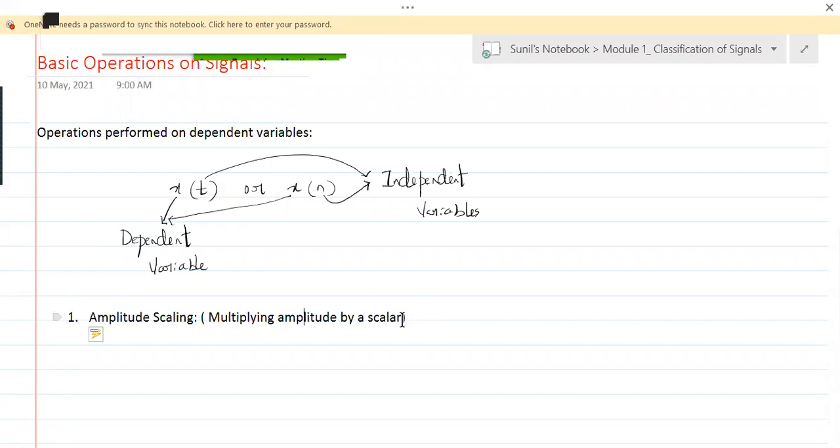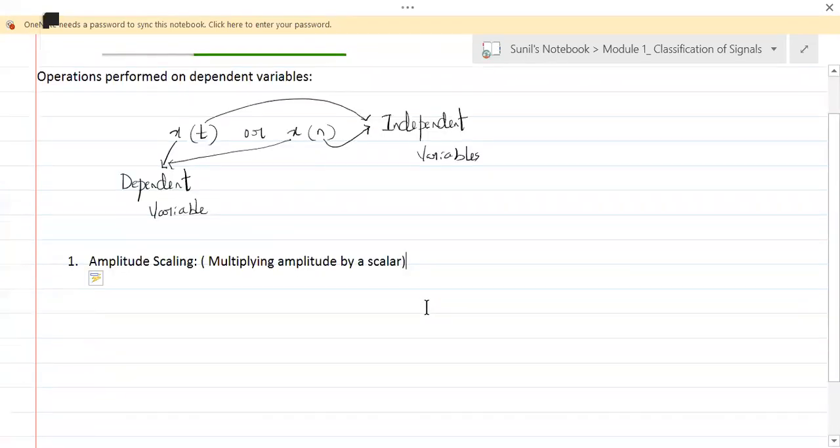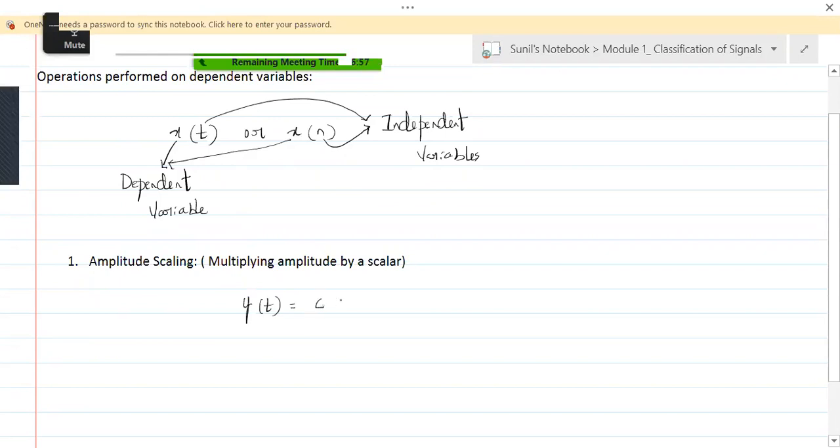So if we multiply the amplitude of a signal by a number, what would happen to that? See here, suppose we have a signal y of t. And this signal y of t, if it is represented as c into x of t, then we are scaling the amplitude of the signal x of t by a constant c.